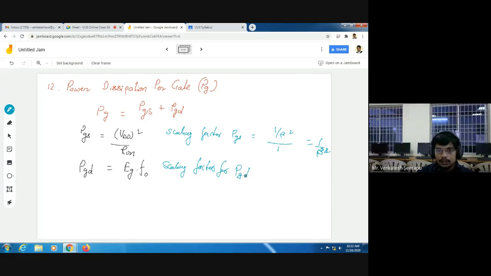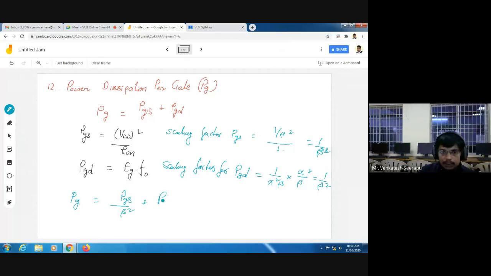EGD equals EG into F naught. EG has a scaling factor 1 by alpha square beta, and F naught has a scaling factor alpha square by beta. Finally, it is equal to 1 by beta square. So PGS has a scaling factor 1 by beta square.